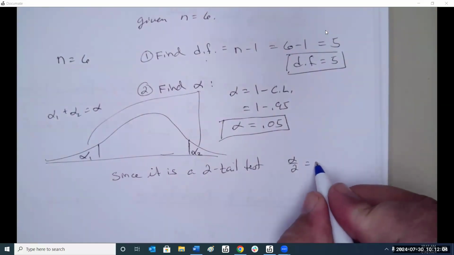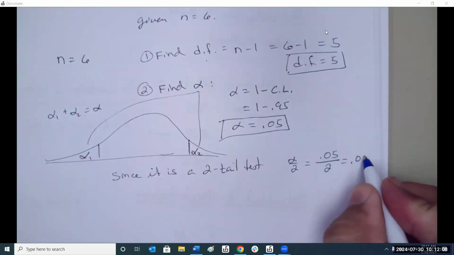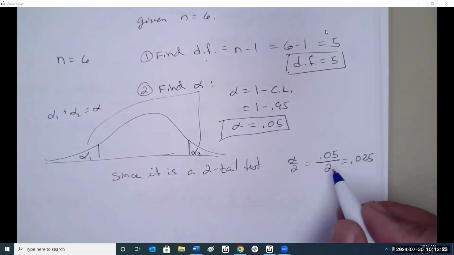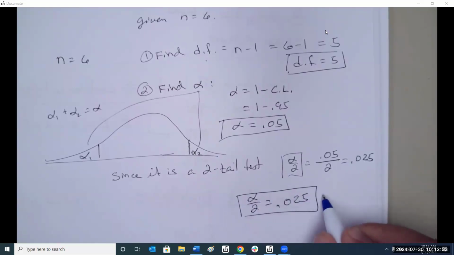So alpha is 0.05 divided by 2, we get 0.025. All right, so our alpha over 2 is 0.025, and it's a two-tailed test.